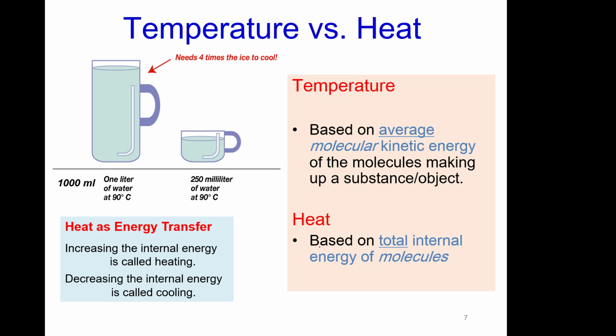Internal energy can be kinetic energy, the motion of the molecules, which can be translation, vibration or rotation, but it is also related to the chemical potential energy. If the energy increases, the process is called heating, but if the energy decreases, the process is called cooling.